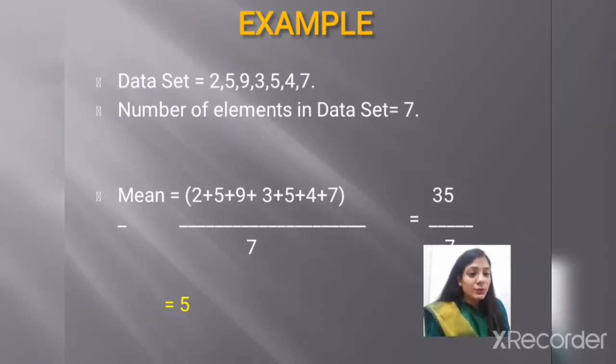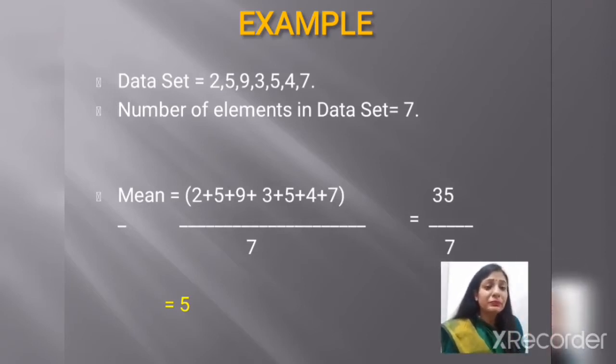So what will be the mean? As we learned in the previous slide, the mean will be adding up all the elements of the data set together and dividing by the number of elements in the data set.